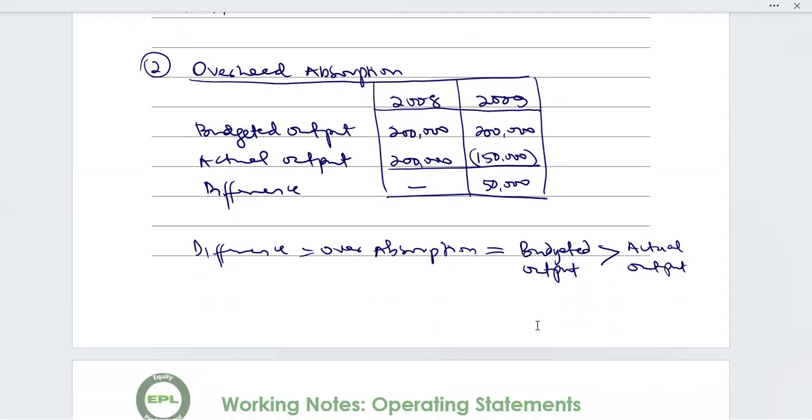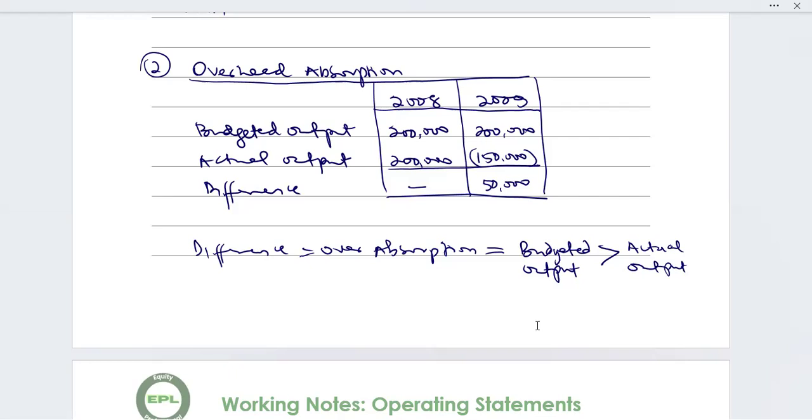Yeah, we explained this in detail in our last class. The bottom line is that it's a principle that you have to apply. One of the reasons for overhead absorption is seasonal variation.